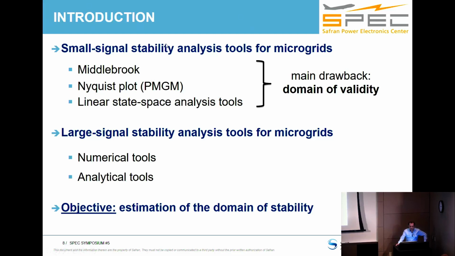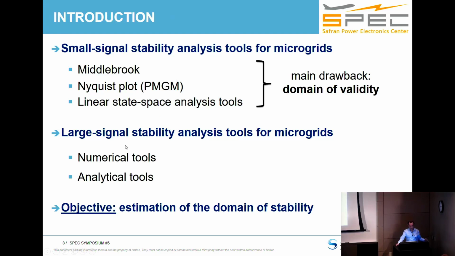The drawback of these techniques is that we don't know the domain of validity. It depends on how nonlinear your system is. In order to get some information on that, we have to go through large signal stability.